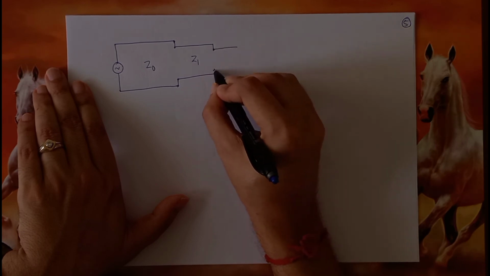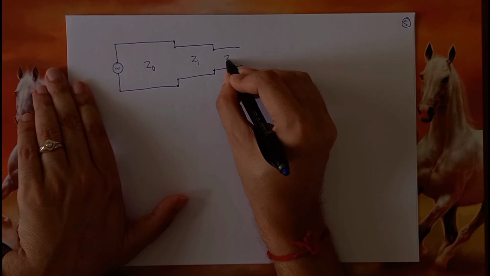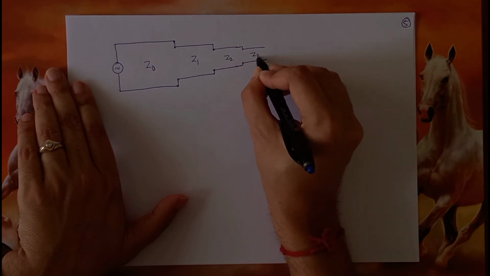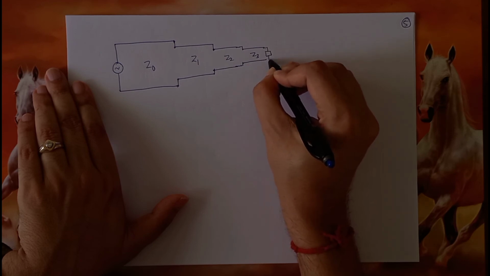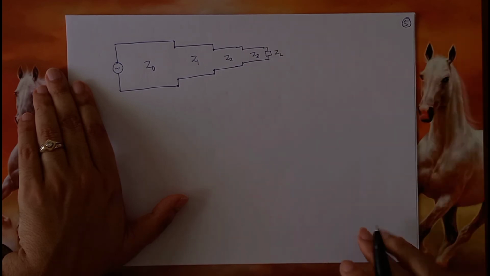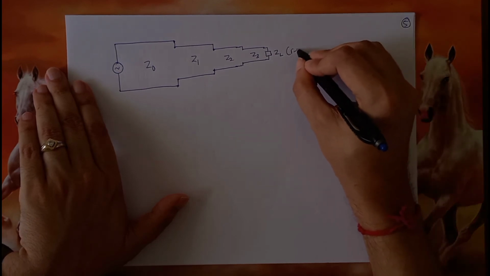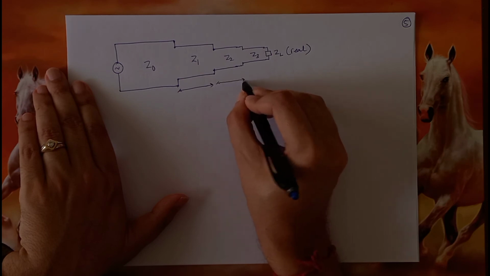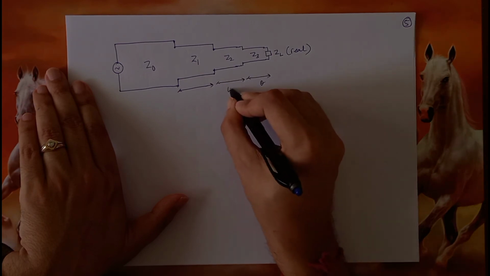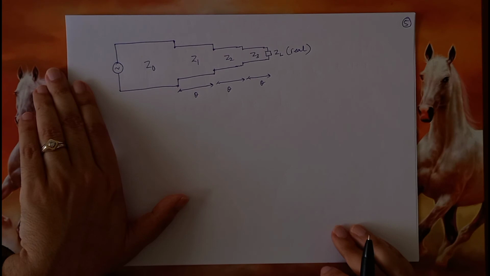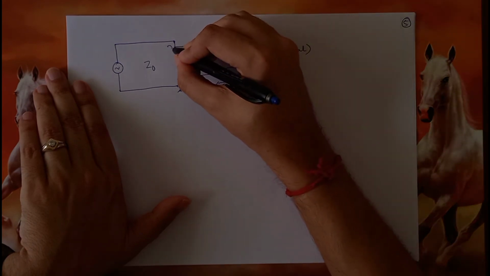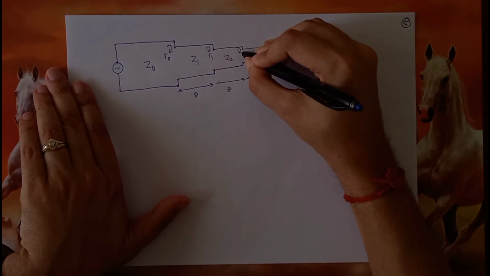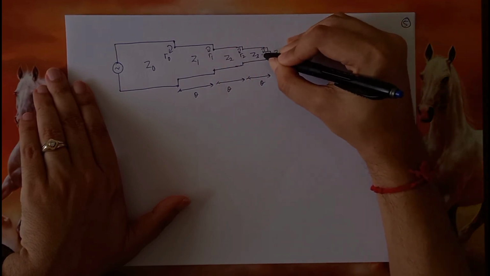Then we have Z2. And then we have Z3 terminated by ZL, which again, as before, has to be real. And each of these lengths are all equal to theta. So we can define these partial reflection coefficients gamma 0, gamma 1, gamma 2, and this one will be gamma L.